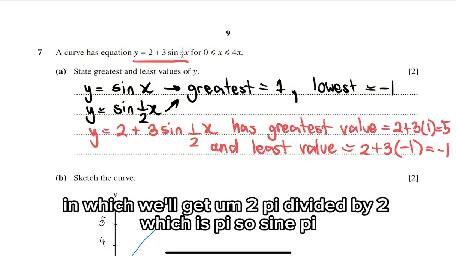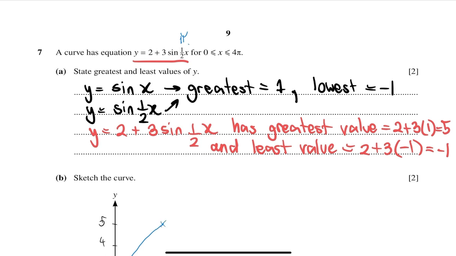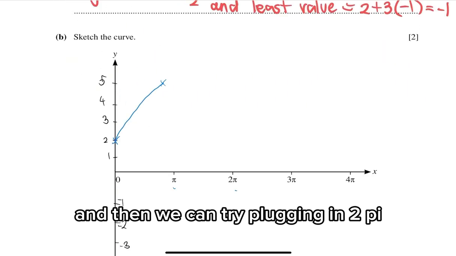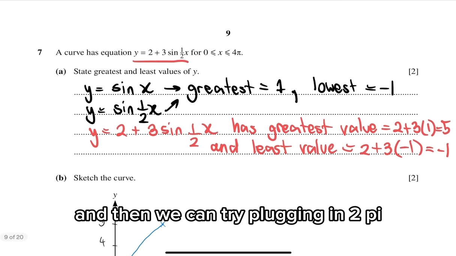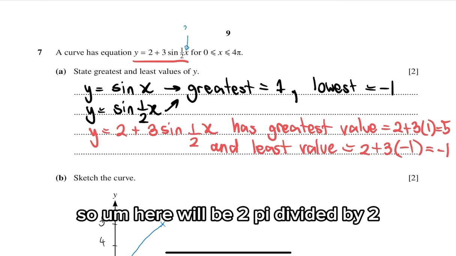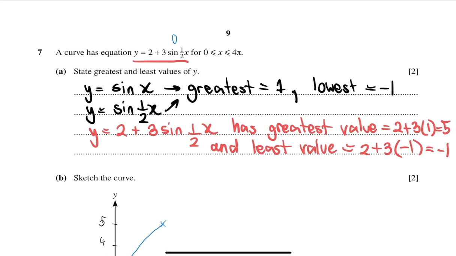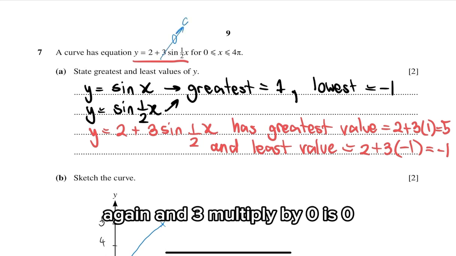In which we'll get 2 pi divided by 2, which is pi, so sine pi, and that gives us 0, and 3 multiplied by 0 is 0.